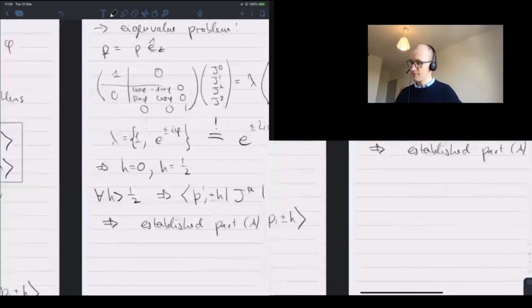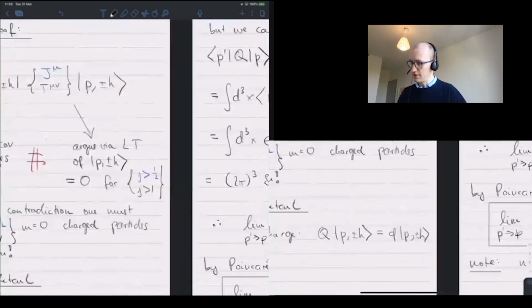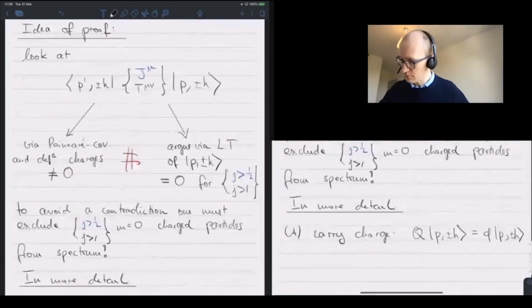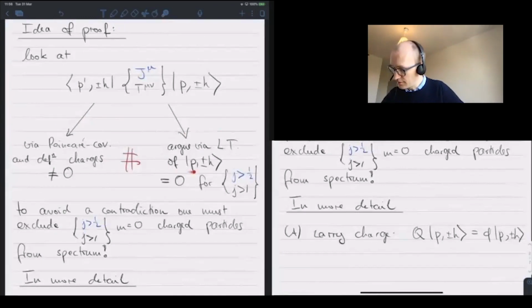What do I mean? Well, we precisely are in the situation that I outlined. We argued that this has to be non-zero no matter what h is, but just now we showed that, by consistency of Lorentz covariance, this matrix element had to be 0 for any j greater than 1/2, because we're in the blue spin 1 case.